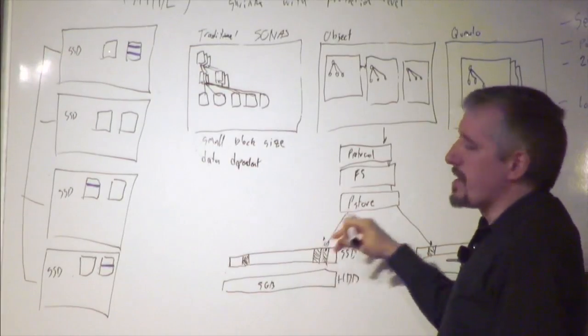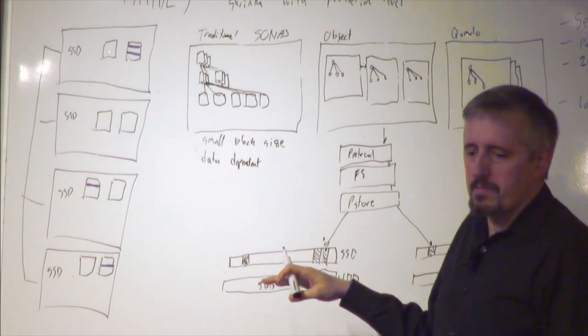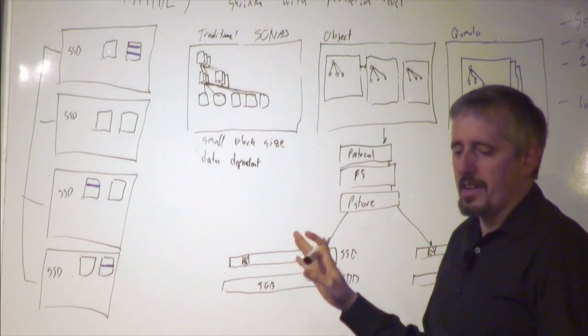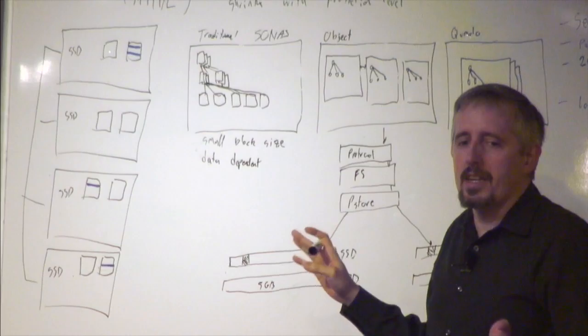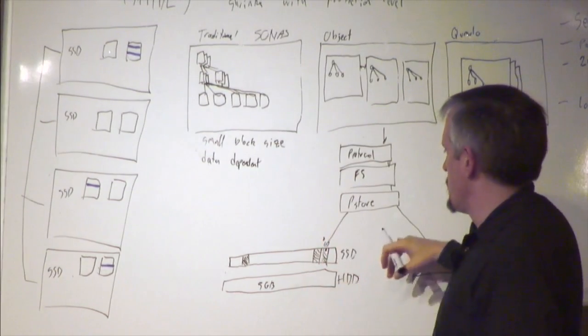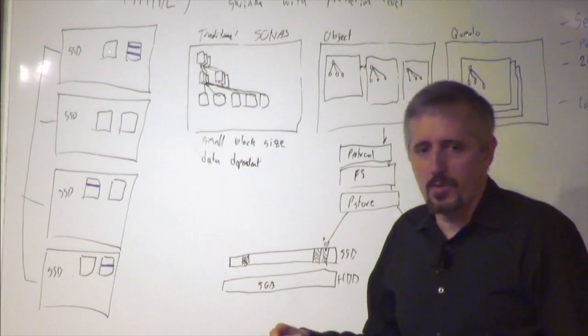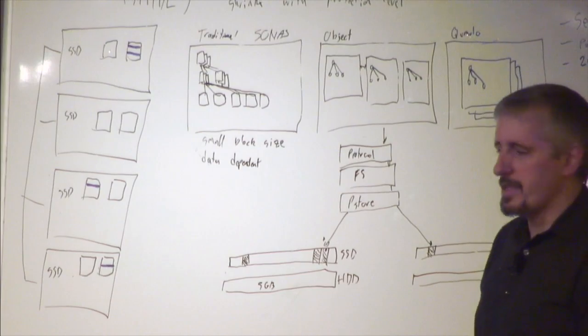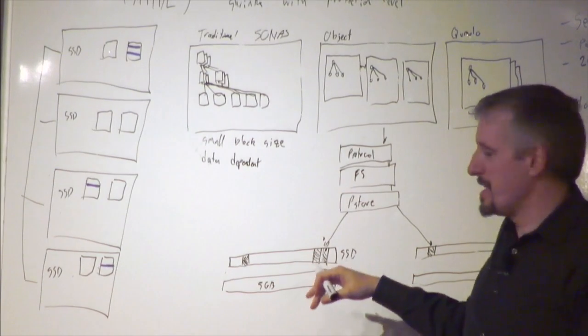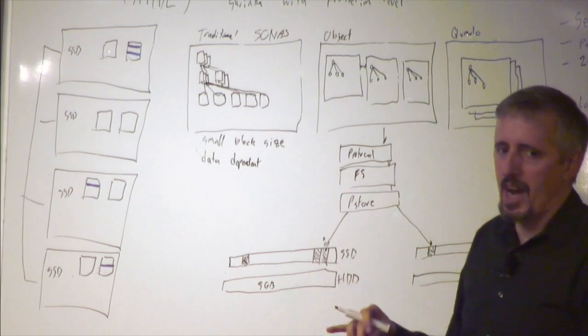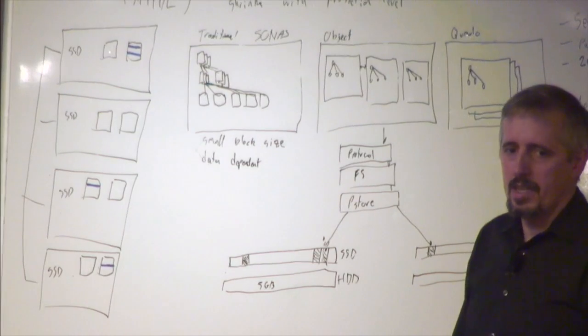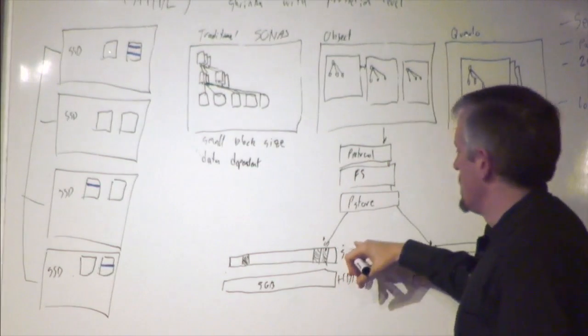And you can write gigabytes of data into the SSDs before we ever send anything down to the hard drives. The data can sit in the SSDs for hours, or even days.